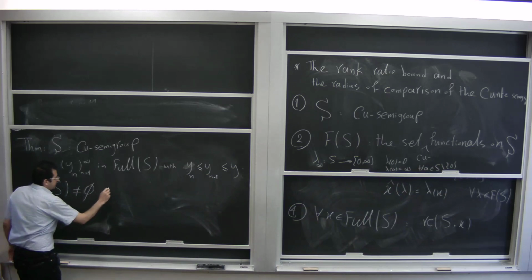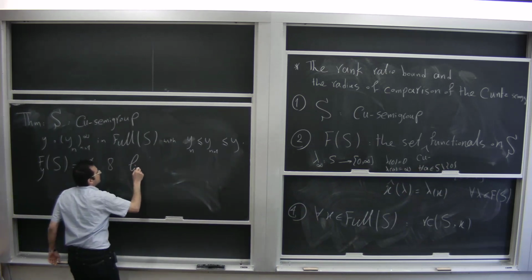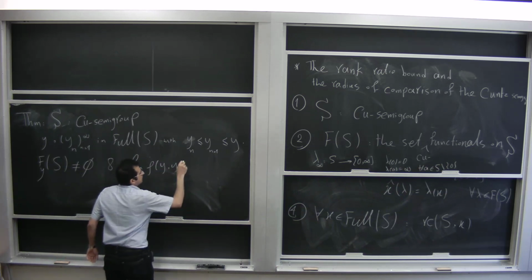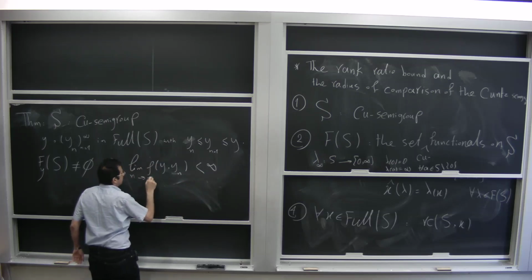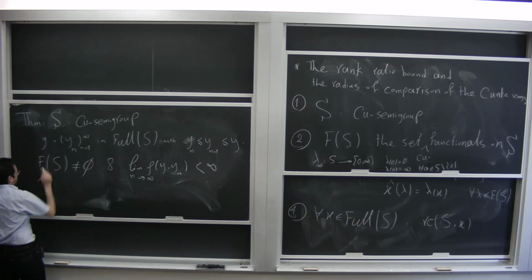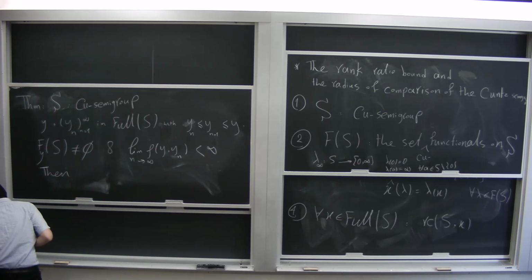And I need one more assumption, which is this: the limit of rho of Y and Yn is less than infinity when n goes to infinity. If I have all these assumptions, then what is my main theorem?